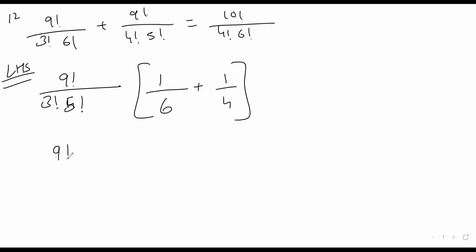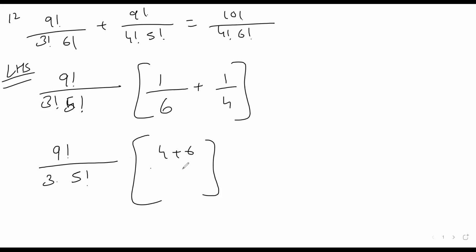This will become 9 factorial upon 3 factorial, 5 factorial into 4 plus 6 upon 24. So this is 10 into 9 factorial upon, even if we don't write this 24, we can simply write 6 into 4.